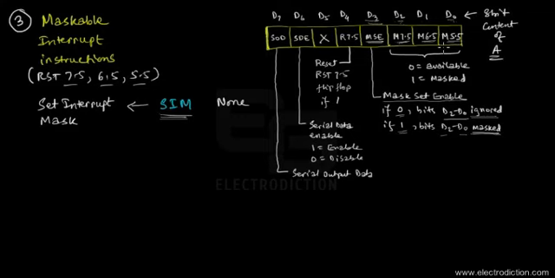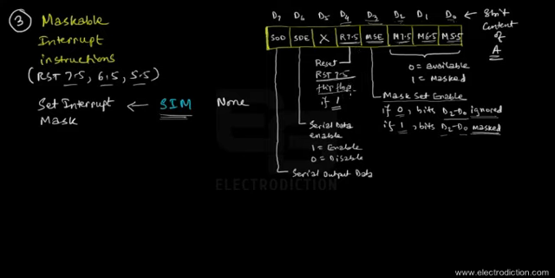Next comes the bit D4, that is R7.5. This is an additional control on the RST 7.5 interrupt line, where if we keep the D4 bit at logic 1 level, then the input flip-flop present at the input of the RST 7.5 interrupt line would be reset.